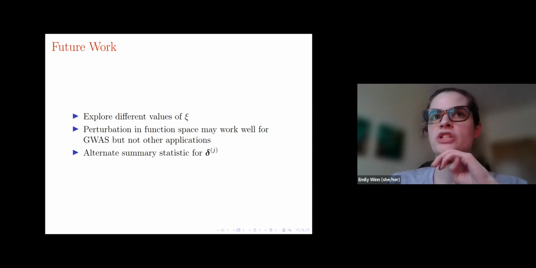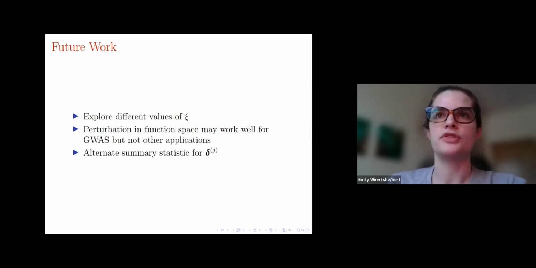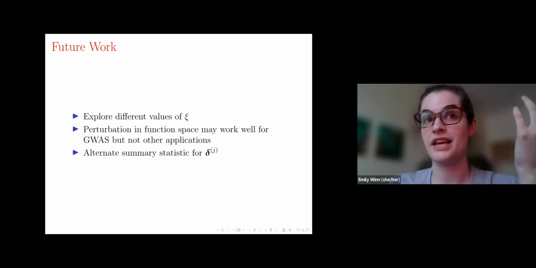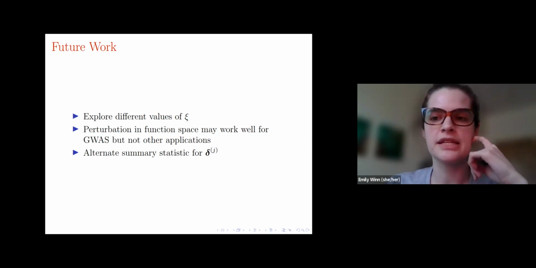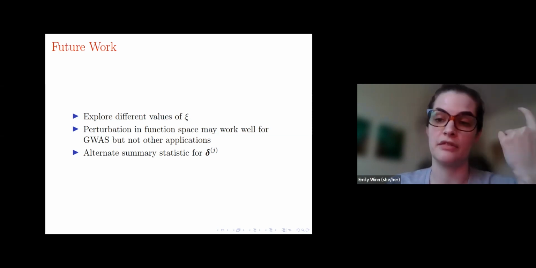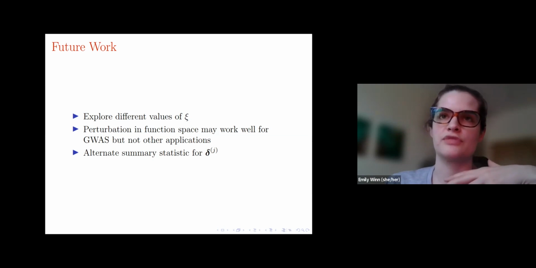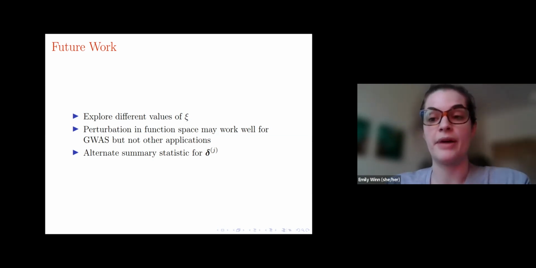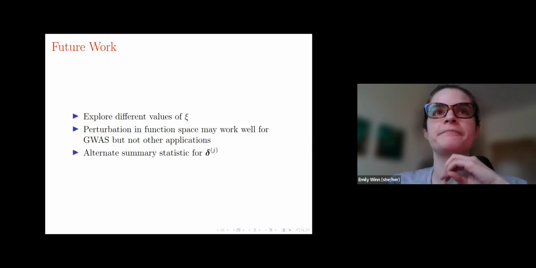We also understand that perturbation in function space may work well for GWAS, but not necessarily other applications, so we have to figure out why or when it would work well, not just that it does. There's also a possibility for alternate summary statistics, such as delta J instead of the mean. We chose the mean because it is a straightforward summary statistic, and it also allows for computational shortcuts. But that might not be an appropriate summary statistic for other applications.